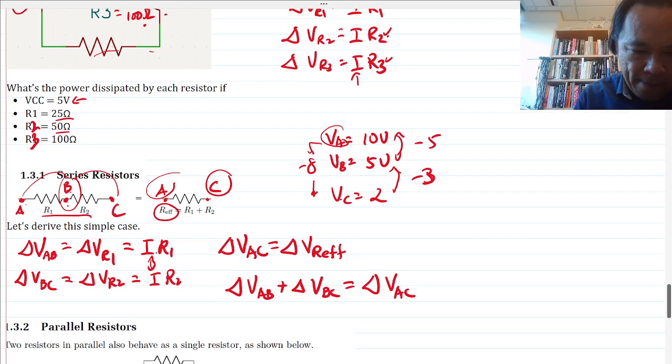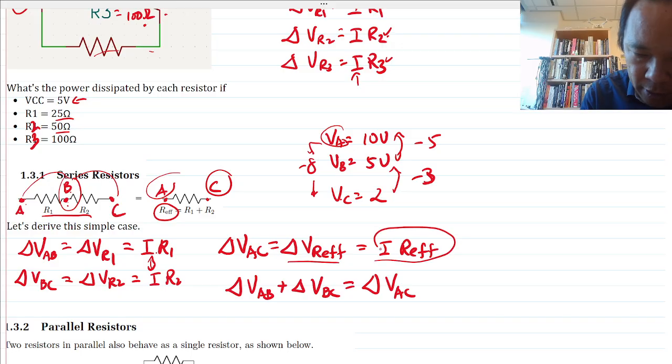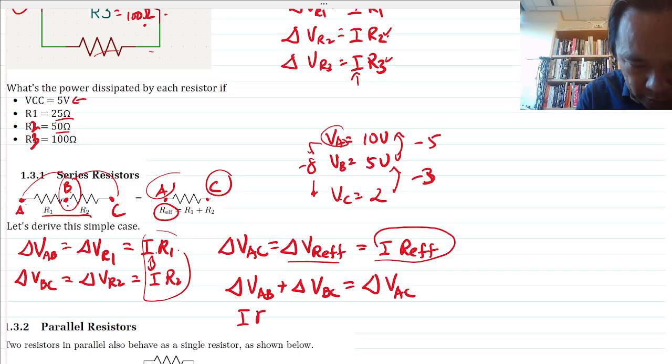Okay. Now we can put all the stuff on the side here. So this is the current times R effective. I'm going to put in the current version of it. So that's the A part: I times R1, and then the voltage difference between B and C is this piece here, I times R2.